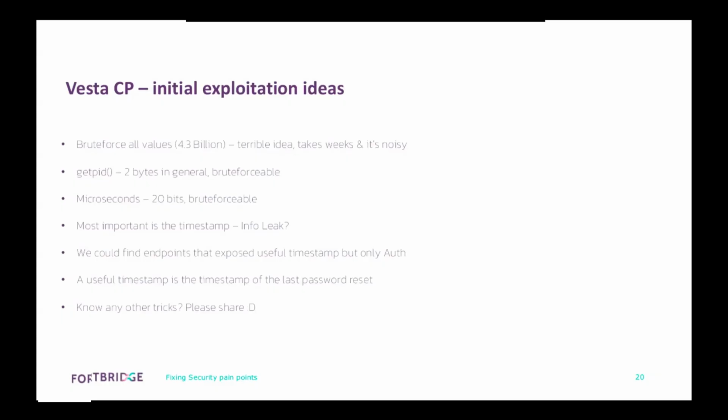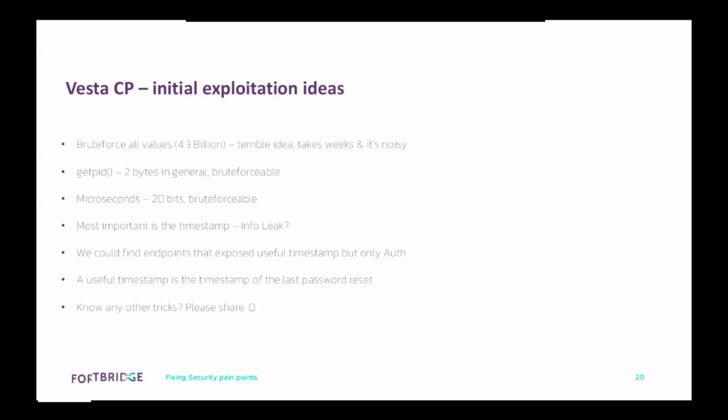So the question that I had, is it possible to obtain an information leak here? So I started to look at various endpoints, and I discovered that some of them were exposing useful timestamps. What do I mean by useful timestamp?